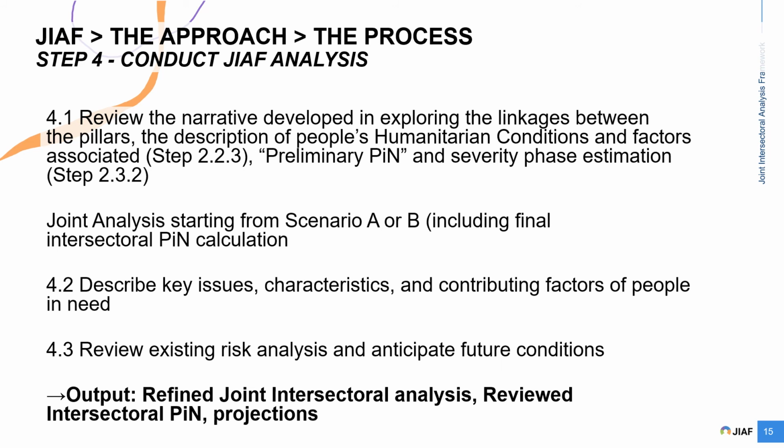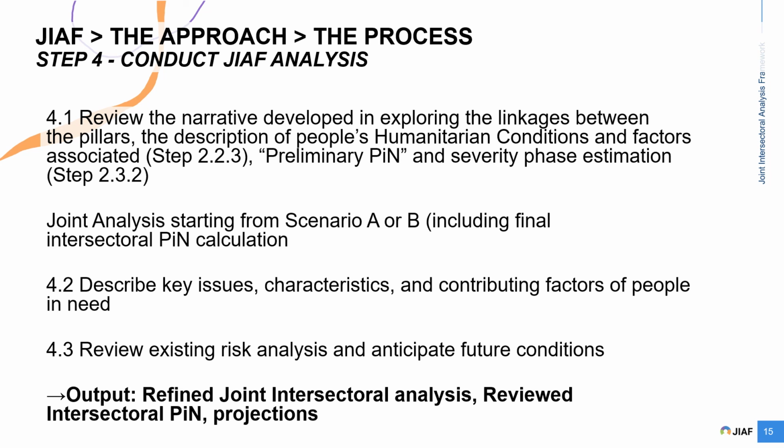This review is the joint analysis that is done during a workshop. The idea is to bring together the various experts to scrutinize all the information that has been collected and aggregated to ensure that it makes sense. During the workshop, several different working groups could explore each key issue, characteristics, and contributing factors of people in need.